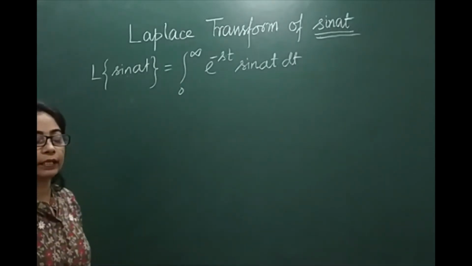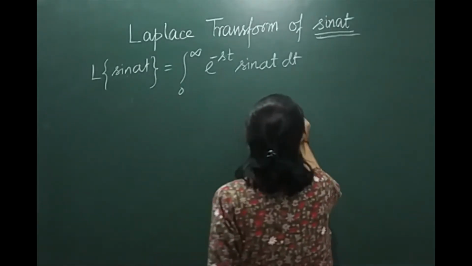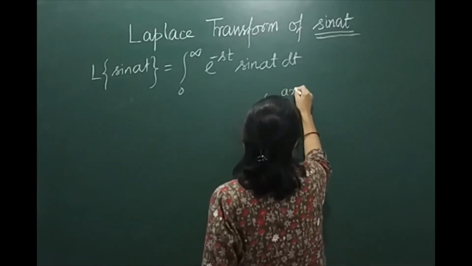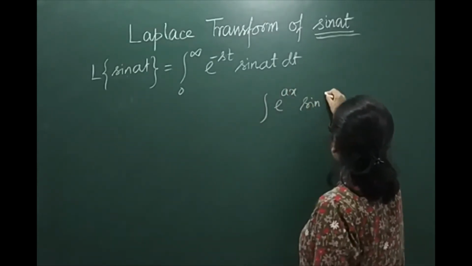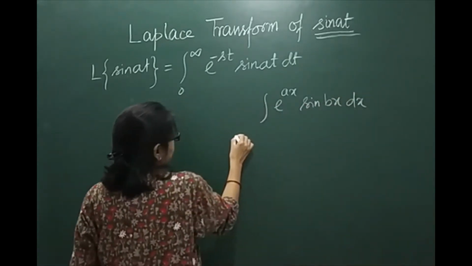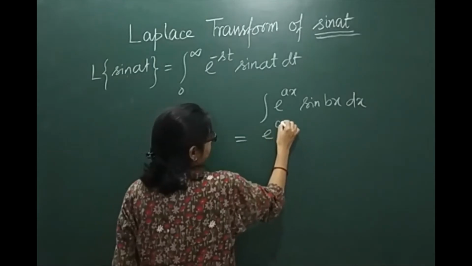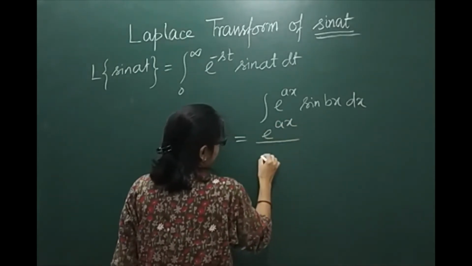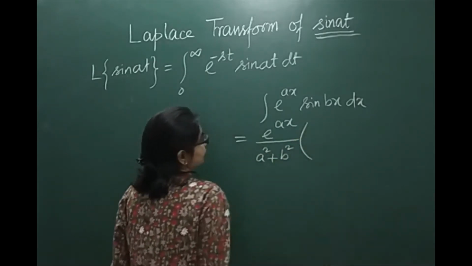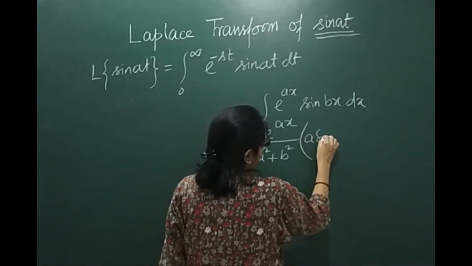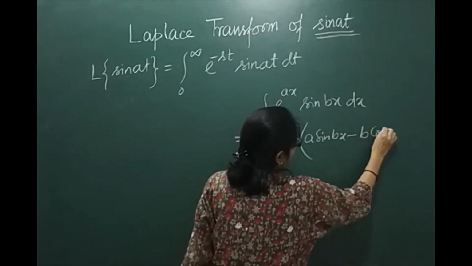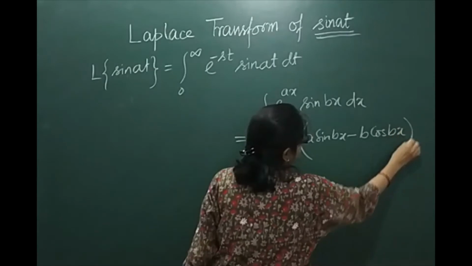This integration can be solved by the standard integral formula, that is, the integral of e^(ax) sin bx dx is e^(ax) divided by (a² + b²) times (a sin bx minus b cos bx).